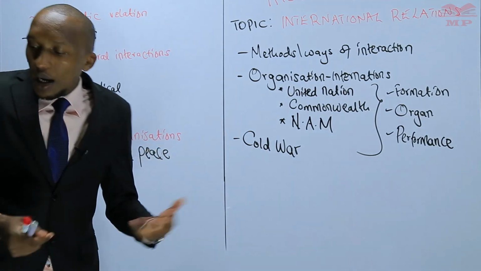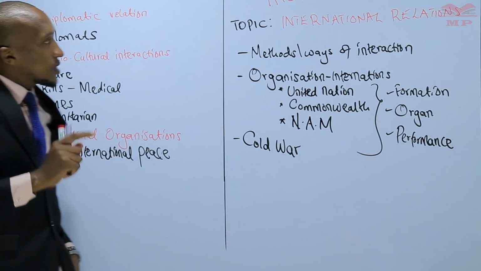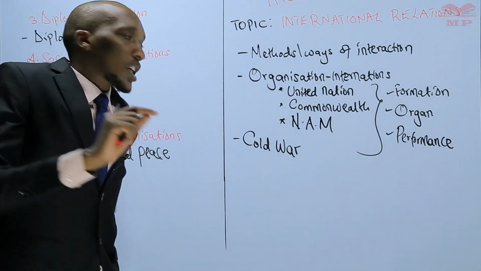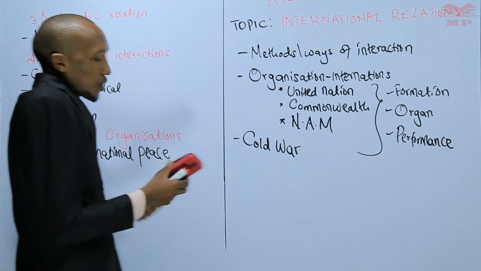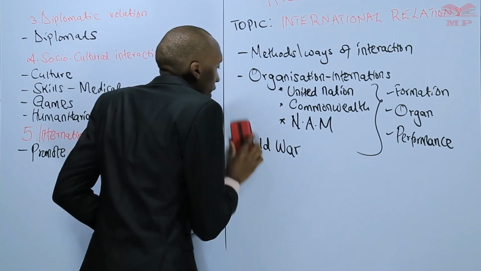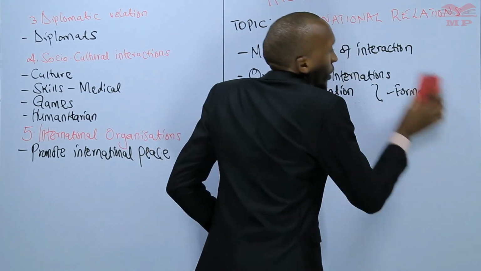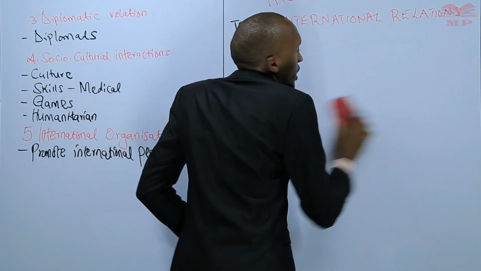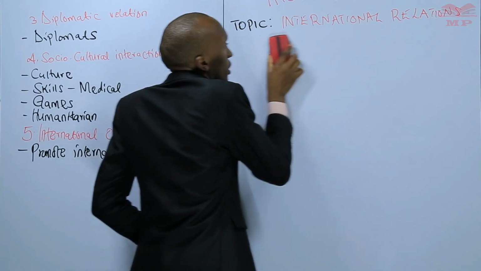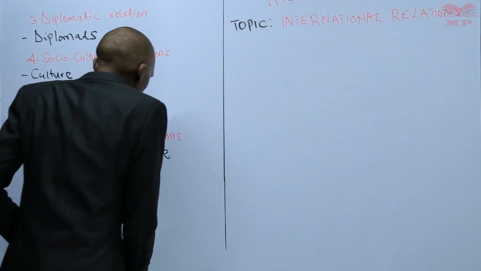So as we come to the end of our first lesson in this topic, that is an introduction, I would want you to attempt a very simple question to help you internalize what we have learned today.